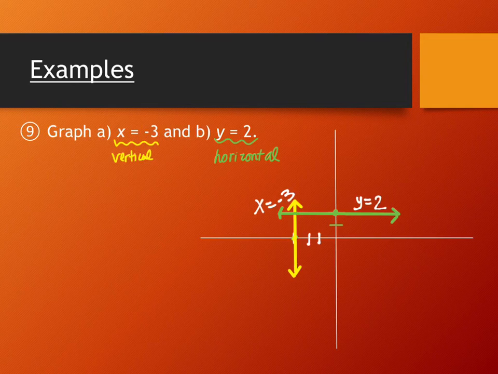It doesn't matter if I am down here, or if I'm on the axis, or if I'm up here, or if I continue to keep drawing it. No matter where I am, that x value is always -3. So it should be a real quick check for you. Did I draw it right? Is the x value -3 everywhere on that line? And if it is, then you've drawn it correctly.